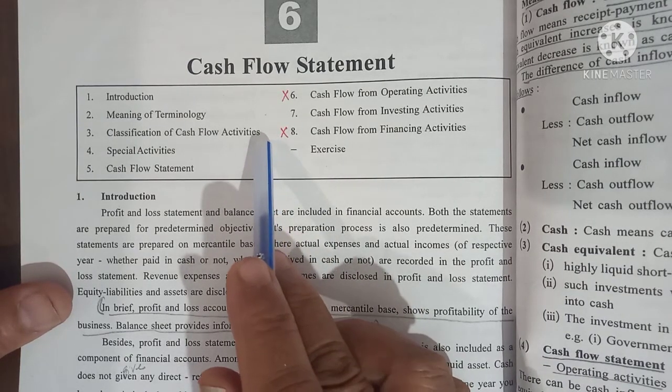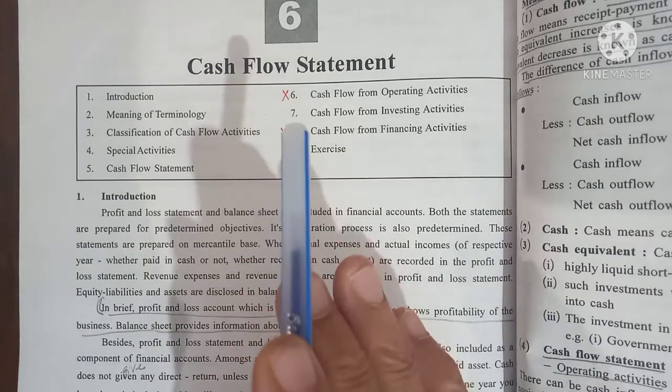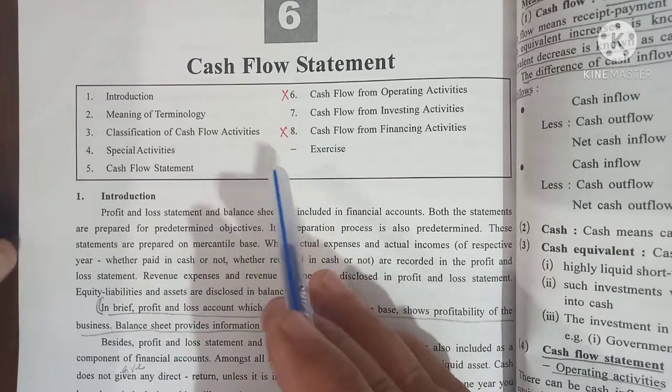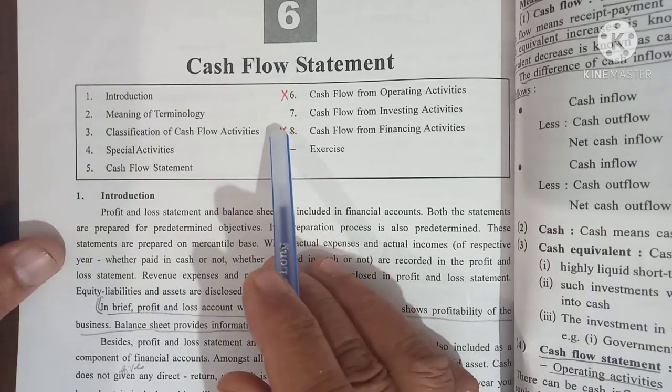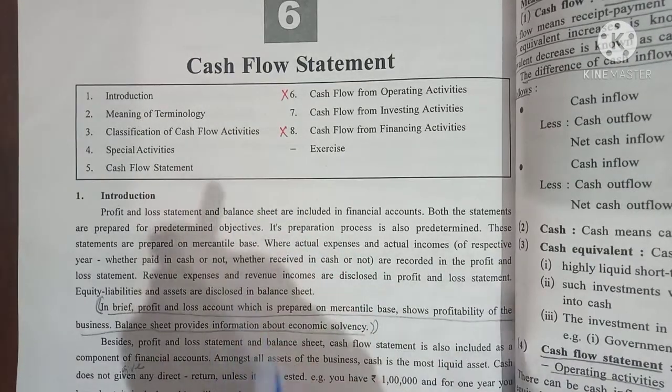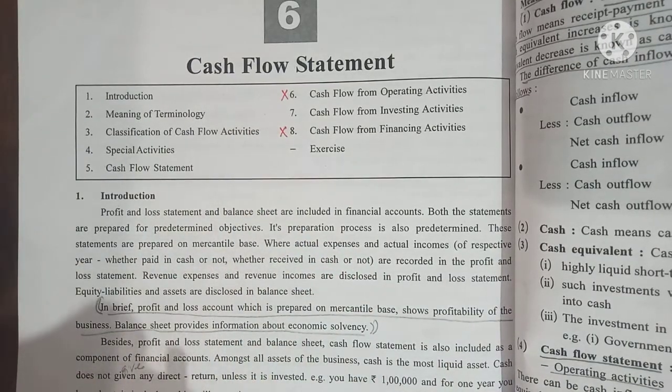Inflow means how much cash is coming in during a particular period, and outflow is how much cash is going out of the business. That statement will show how much total cash came from outside into your business during this period, and how much cash has gone from your business to the outside. That is called the cash flow statement.